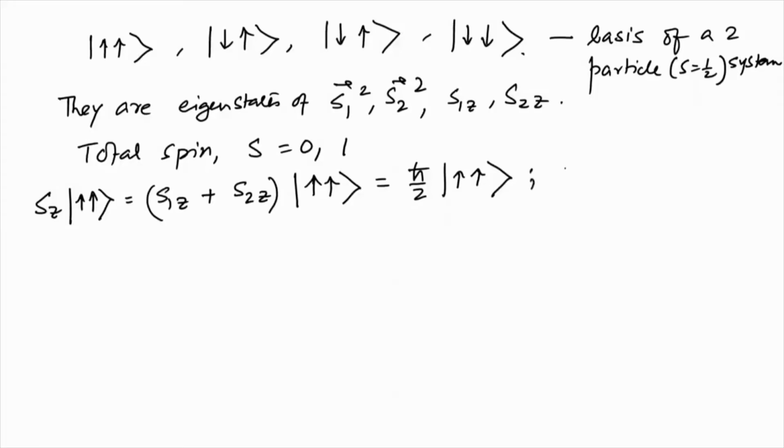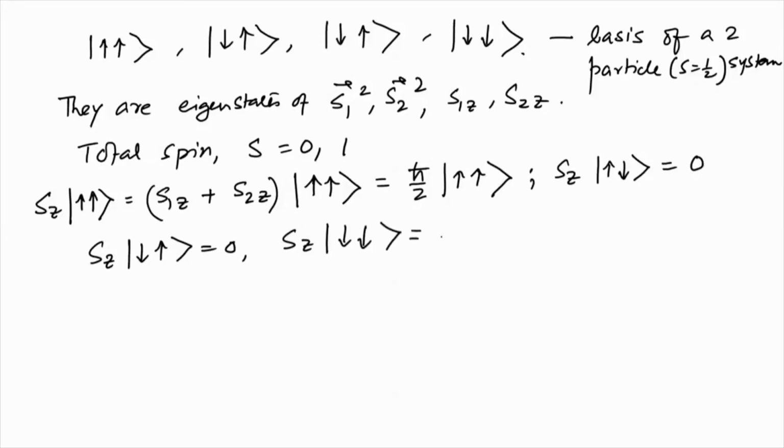Similarly, Sz acting on up down would give me 0, because S1z will give me a plus h cross by 2 and S2z will give me a minus h cross by 2. And similarly, we will also have Sz acting on the down up state giving me 0, and Sz acting on the down down state will give me a minus h cross.